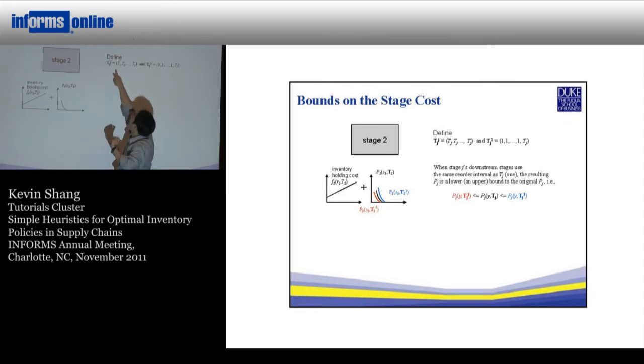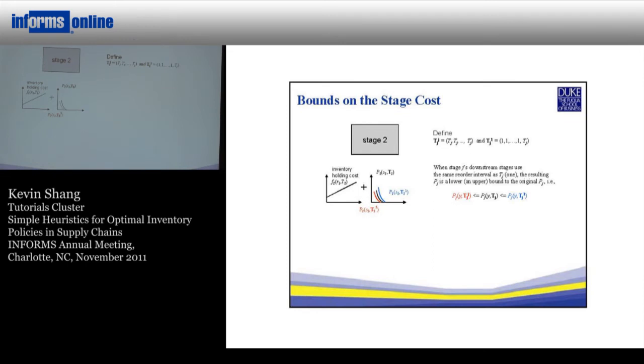In this notation, suppose this is T22, that means your stage 1 and stage 2 are both using the same reorder interval, T2, okay? And another notation is Tj1. So T21 means that stage 2 uses T2 and stage 1 uses the minimum reorder interval, which is 1, okay?